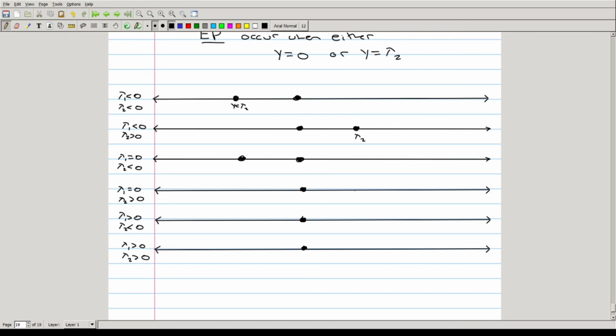You have the same picture here. And then the same thing here. And this is lambda 1 equals positive and lambda 2 is negative. This is when lambda 1 is positive and lambda 2 is positive.